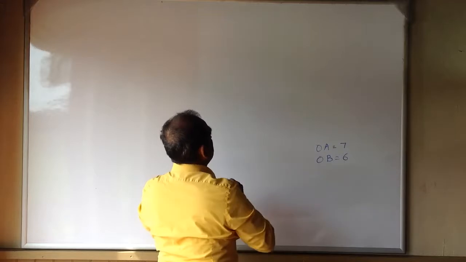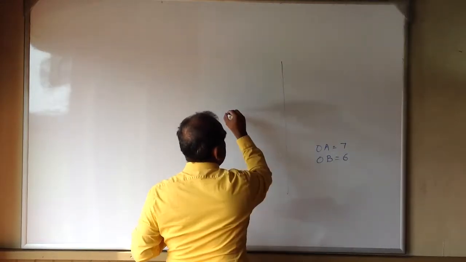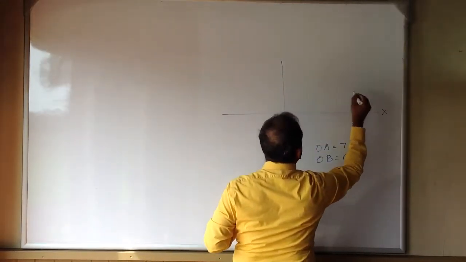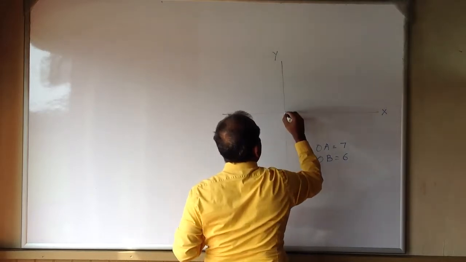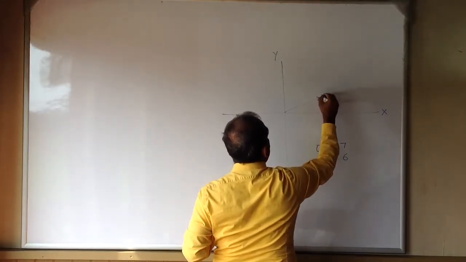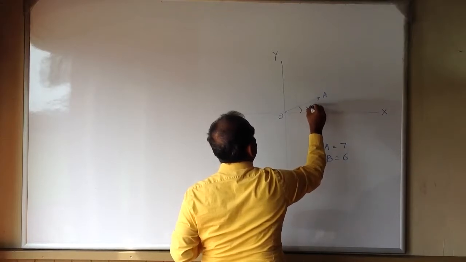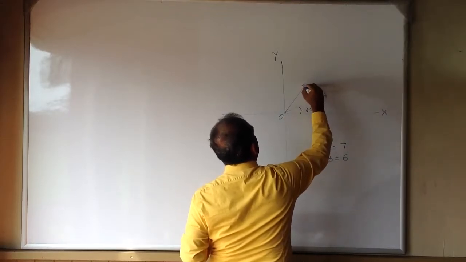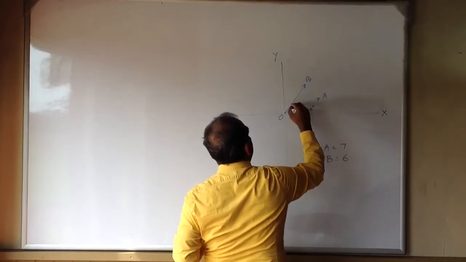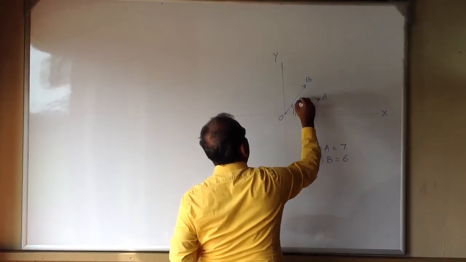Let me draw the x and y axes again, x, y, OA making 30 degrees here and OB making 60 degrees.